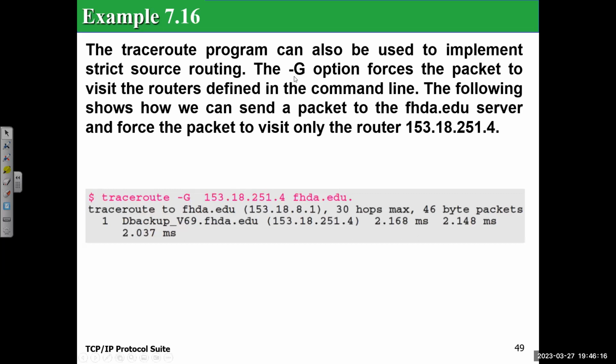So now another one is minus capital G. What does this one do? This one forces the packet's route defined on the command line. The following shows how we can send a packet to the FHDA server and force the packet to visit only the route 153. Okay? So you have to visit only this one.